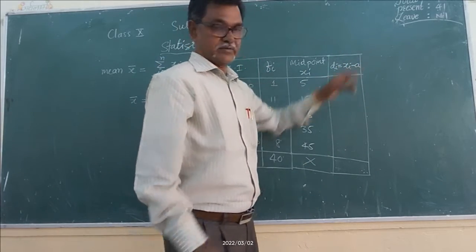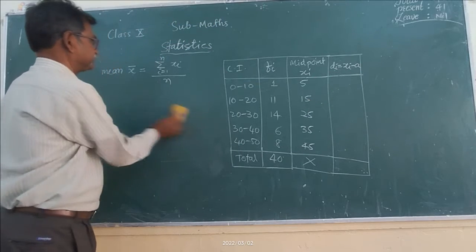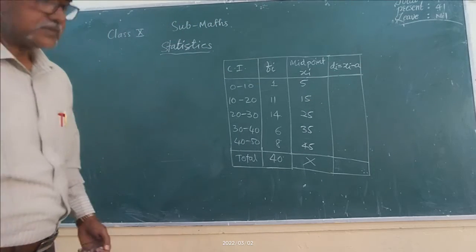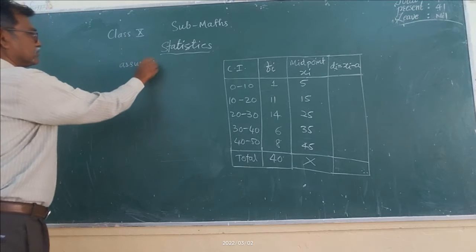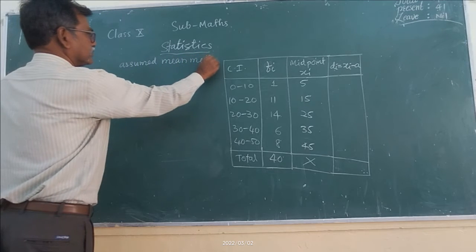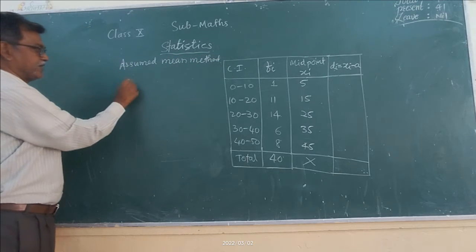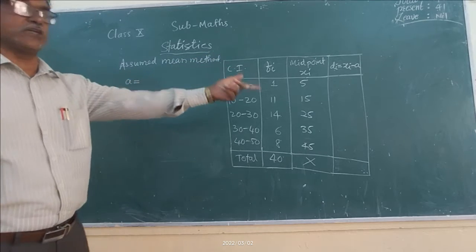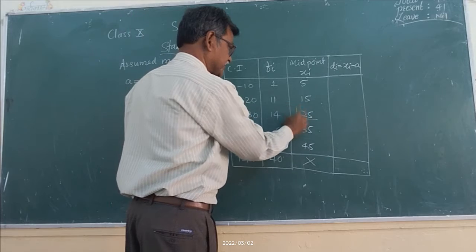A is the assumed mean. Generally it is taken from the middle. So say this, 25.